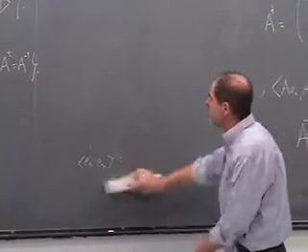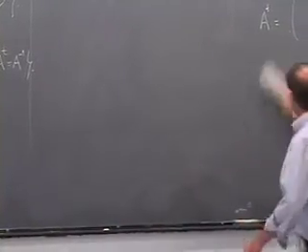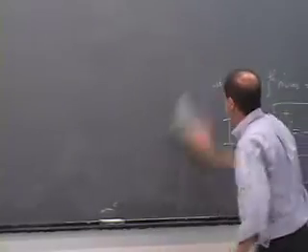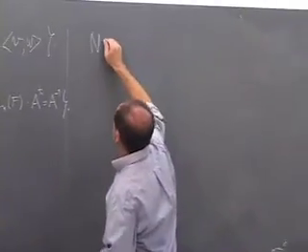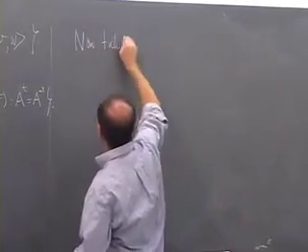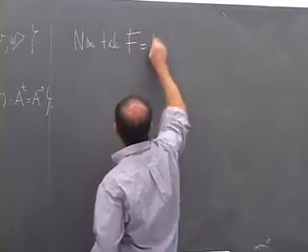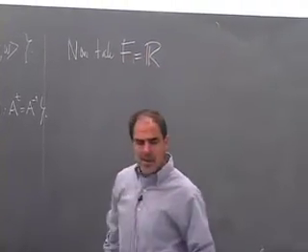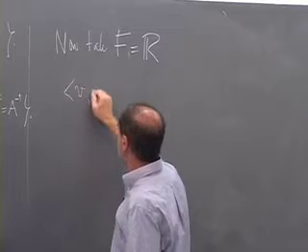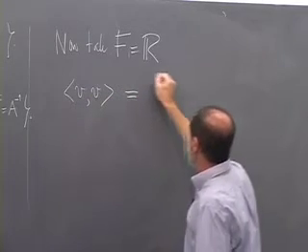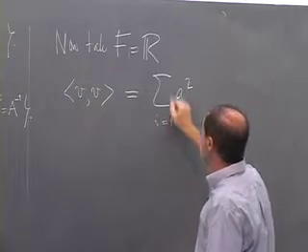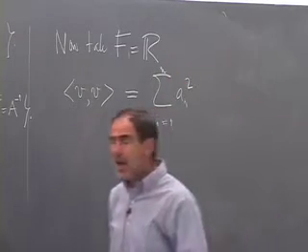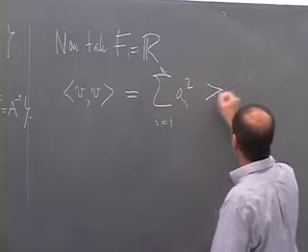What's particularly nice about the real numbers is this inner product is set up to do Euclidean geometry. What's so cool about this inner product is that the inner product of V with itself is the sum of a_i squared from i equal 1 to n, and that sum of squares is bigger than or equal to 0.